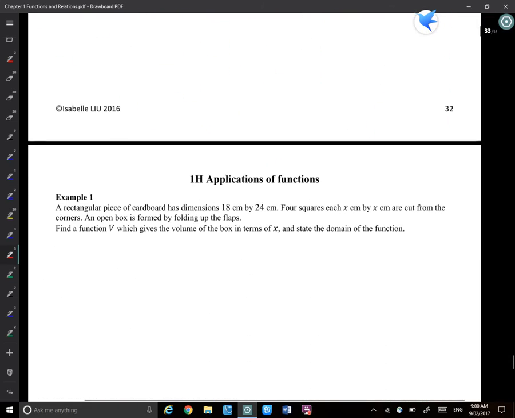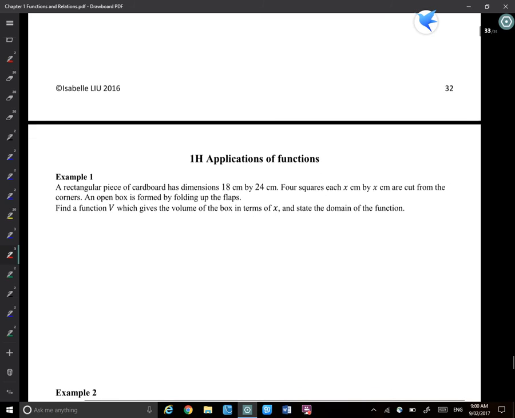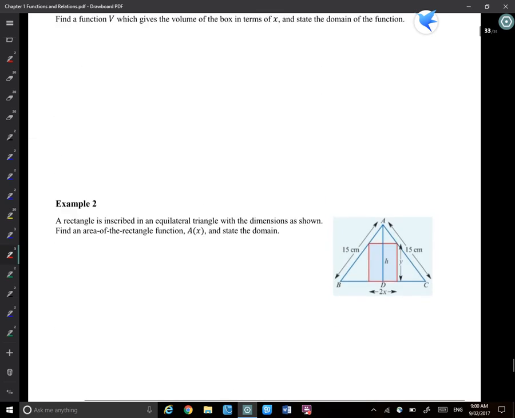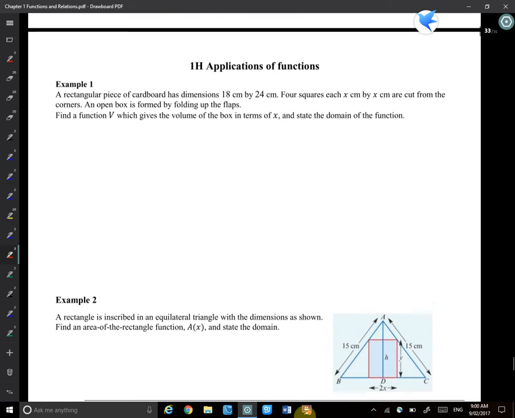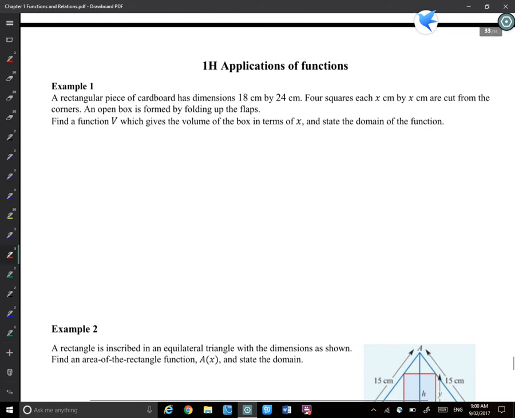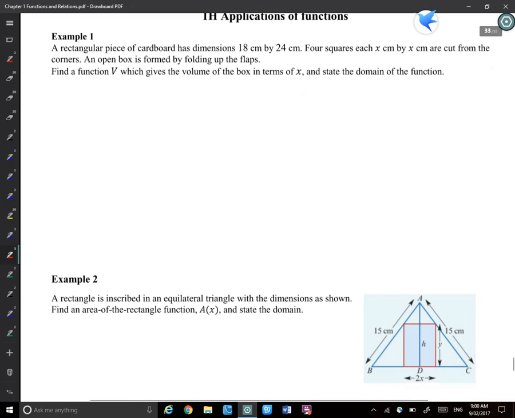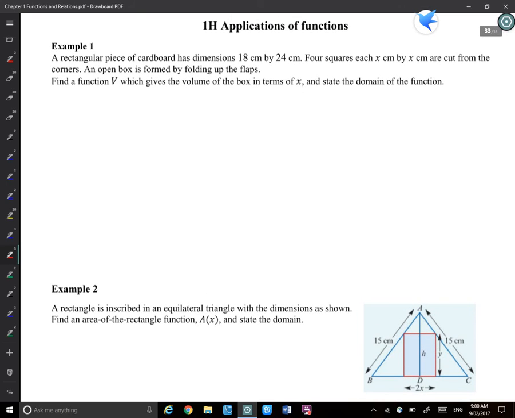Okay, let's see page 33 about some application questions. Okay, for this application question, a rectangular piece of cardboard has dimension 18 times 24. 4 squares, each x times x, are cut from the corners, and an open box is formed by folding up the flaps.